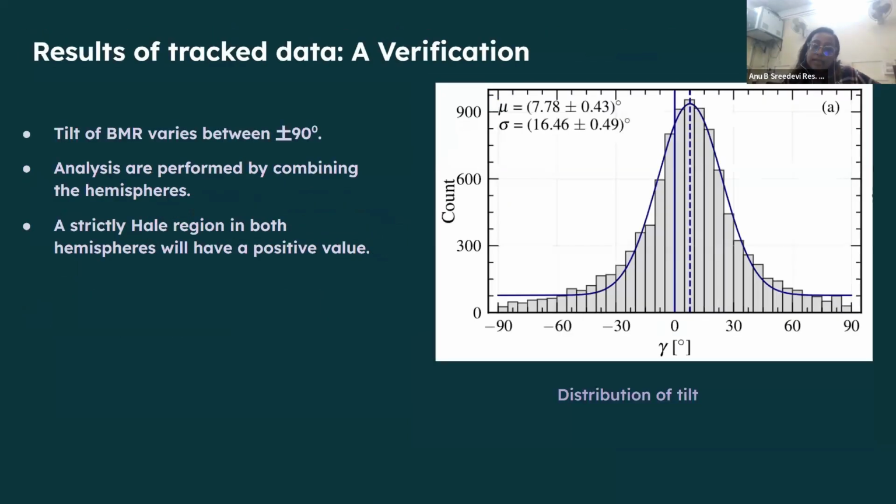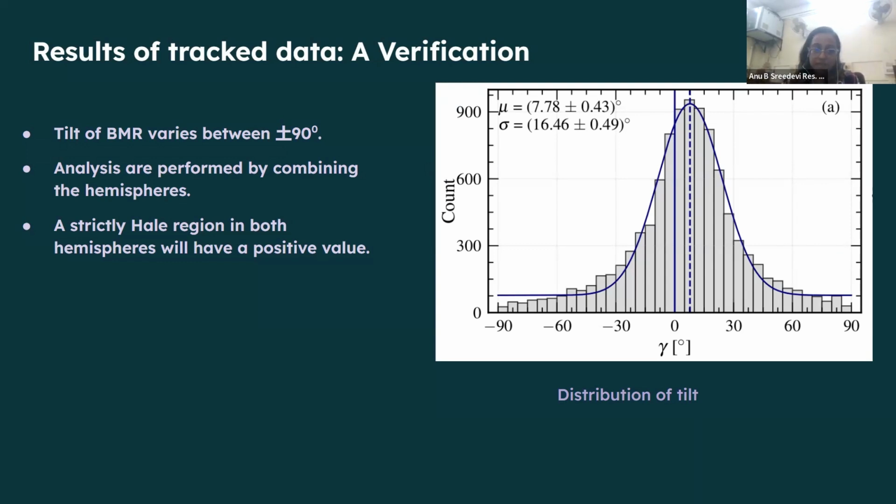And then once that is done, we look at the tilt distribution. There are many ways of assigning tilt. Here, the practice that we have followed is that any tilt measurement will be between plus minus 90 degrees, and we have combined the hemispheres, assuming that there is no asymmetry between the hemispheres, and any strictly Hale region will have a positive tilt.